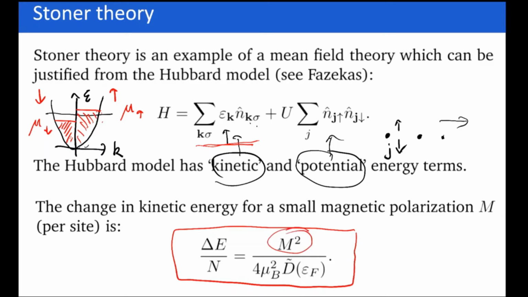So the change in energy of the system is given by this equation here. This is the number of electrons, this is the density of states, and then the magnetization that you get in Bohr magnetons. So repopulating them in this way, having a different number of spin up and spin downs, will give you an increase in the kinetic energy, the energy associated with this first term.